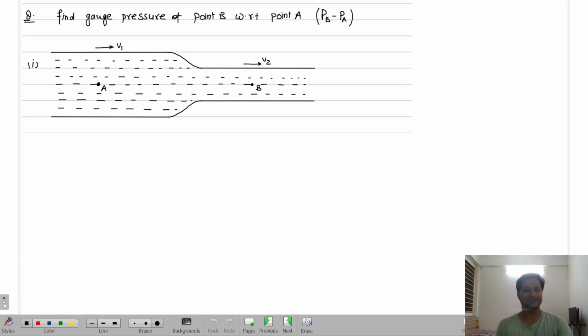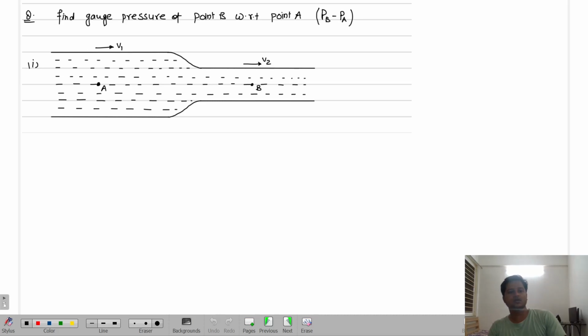Now tell me, find the gauge pressure of point B with respect to point A. I have told you about gauge pressure also. Already done. Gauge pressure, absolute pressure, everything is done.